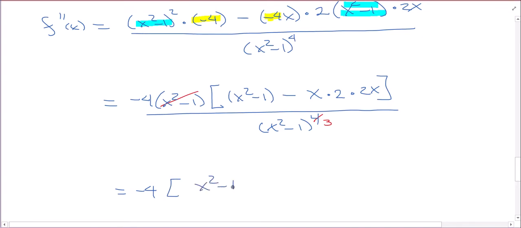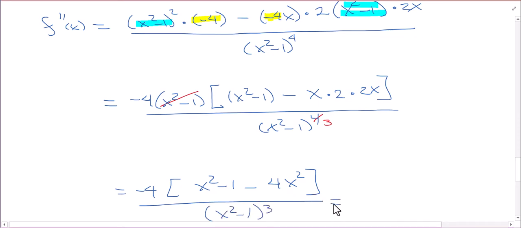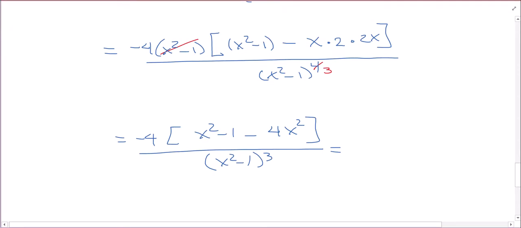So I'll have x squared minus 1 minus, what's this, 4x squared over x squared minus 1 to the 3rd. And can we simplify further? Minus 4, what's inside here? X squared minus 4x squared, so that's negative 3x squared minus 1 over x squared minus 1 cubed.